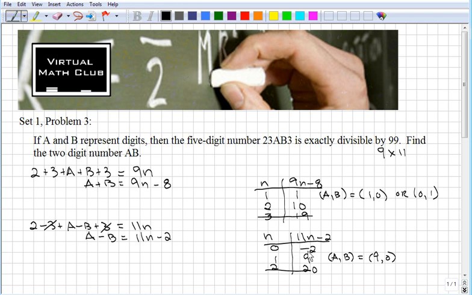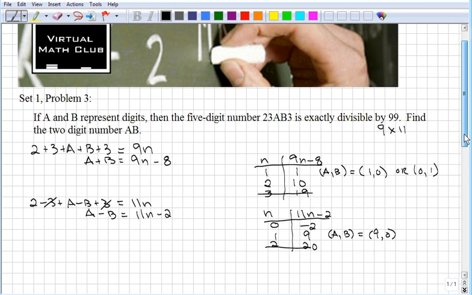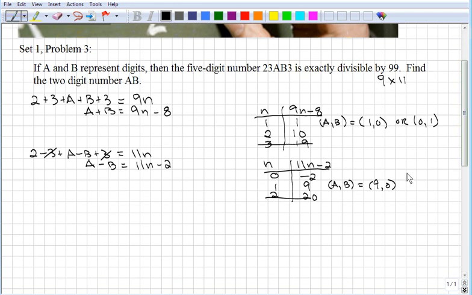All right, so we have our possibilities narrowed down. Let me scroll down a bit here and give us a little more room to work. Let's take a look at our possibilities. In the case where the digits add to 1, we'd have 1 and 0 or 0 and 1, and neither one of those is going to satisfy the conditions for 11, right?